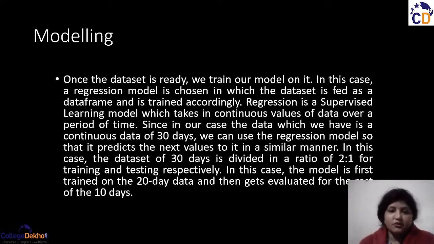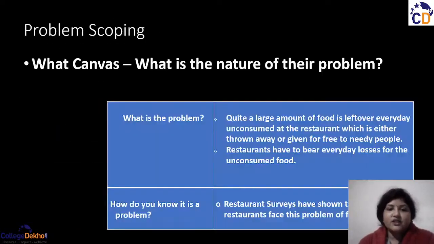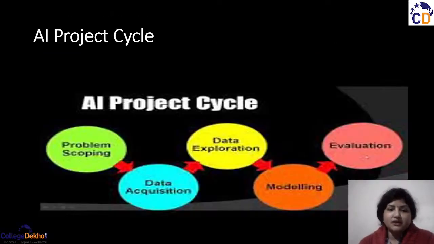And the most important thing is you cannot change the sequence of these steps. This is the cycle. You cannot say after problem scoping I'm going to evaluate the model, right? So this is done in a sequence. These steps are in an ordered format, and we need to follow the same sequence.